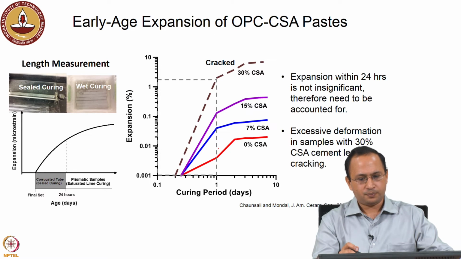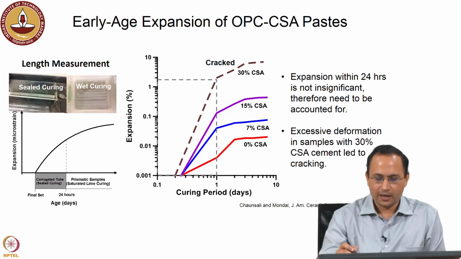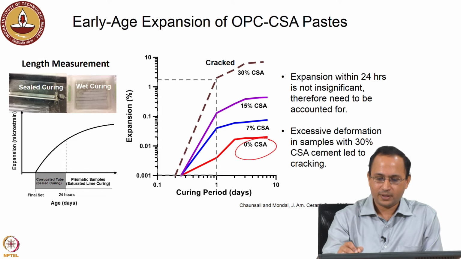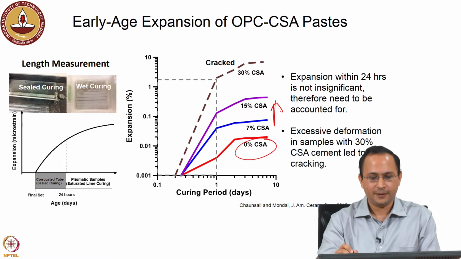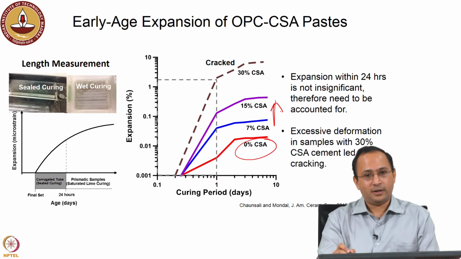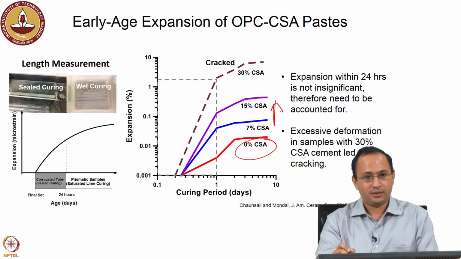Now, if you look at early age expansion, here again we are seeing the effect of CSA addition, right. It is also important to capture this expansion very early on. A lot of the conventional ways of measuring expansion or shrinkage rely on the 1-day data point, so you cast your sample and demold it after 24 hours.